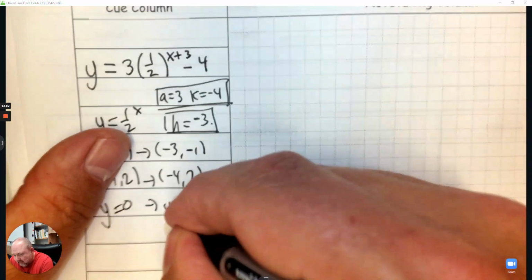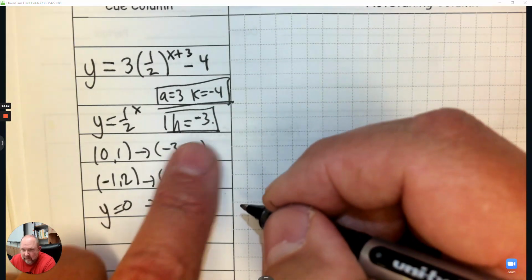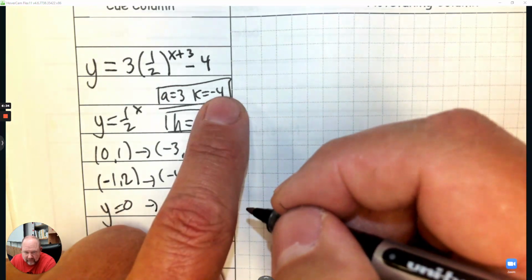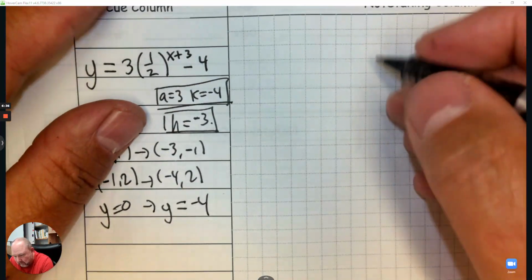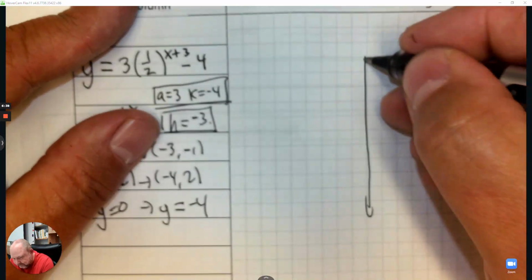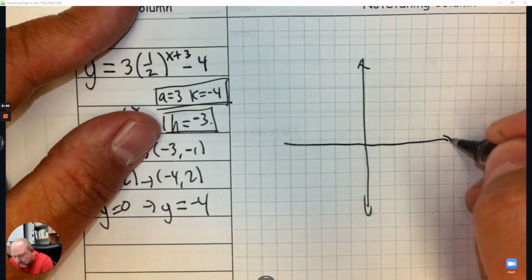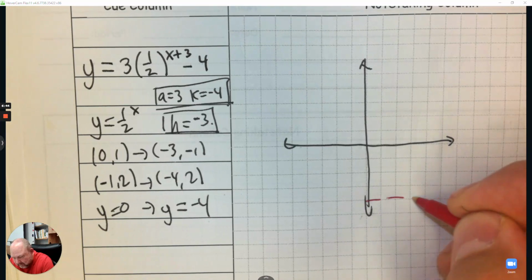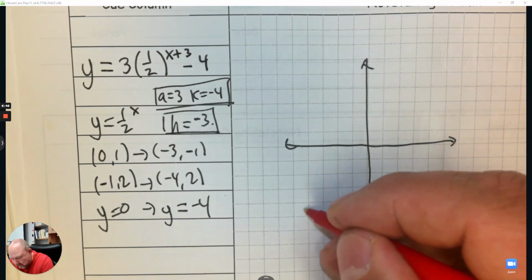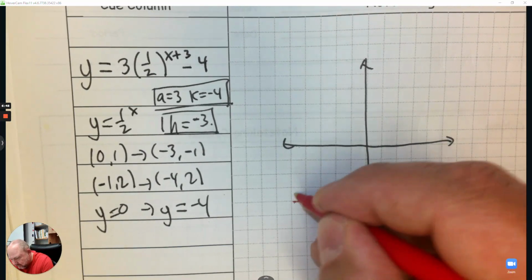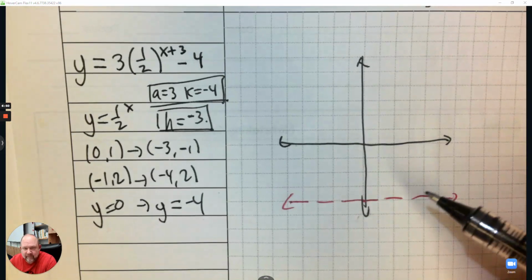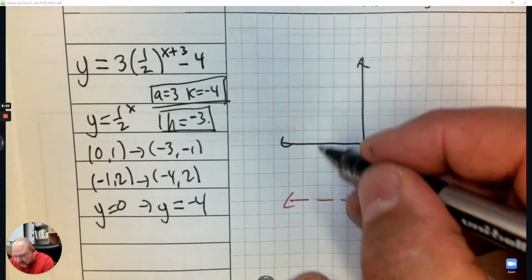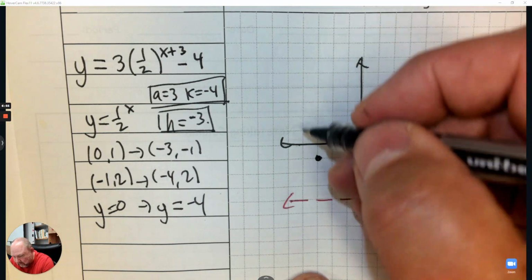And then the asymptote is just what k equals, because when you multiply times 0, it's just the k value, it's -4. So we're going to graph this here. I like to start with the asymptote. So at -4, 1, 2, 3, 4. So there we are at -4. I'm going to plot the 2 points, which are at (-3, -1) and (-4, 2).